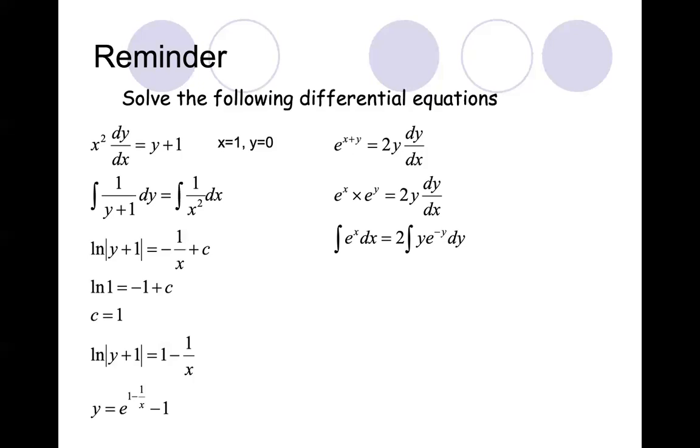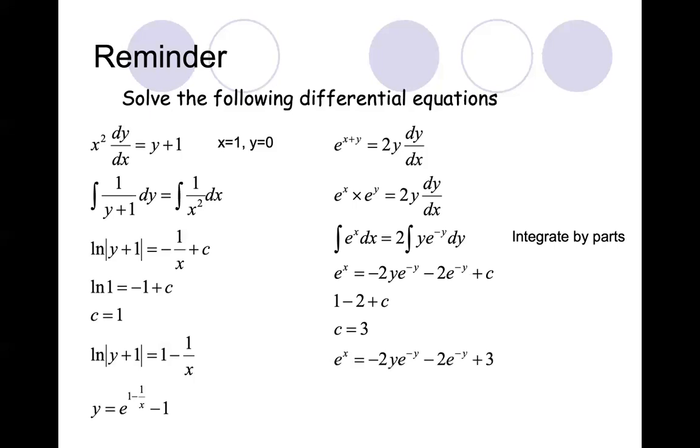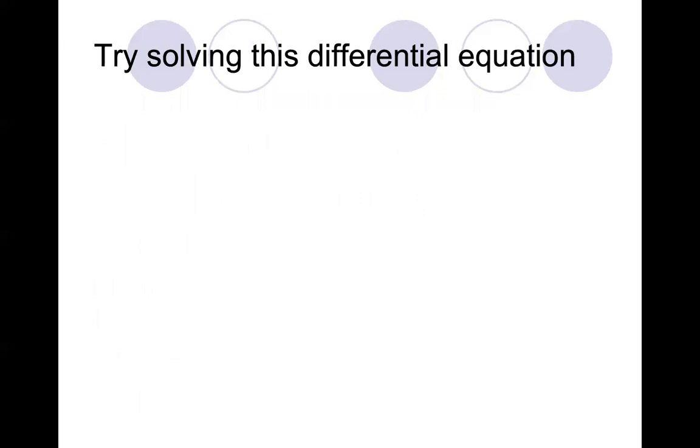And then you integrate. And then you can put in your initial conditions now to get C. And so you can rearrange. Okay. There is more we should be doing.